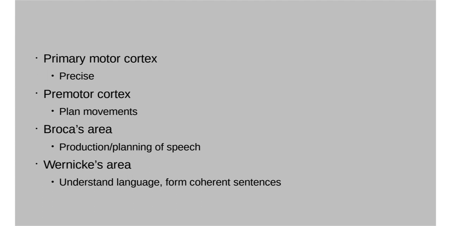The interesting thing about strokes is most of the time the brain can recover if it's not too extensive. The brain has something called plasticity. And plasticity means that if one area of the brain is damaged, well, that damage typically is forever. Remember, neurons don't regenerate.